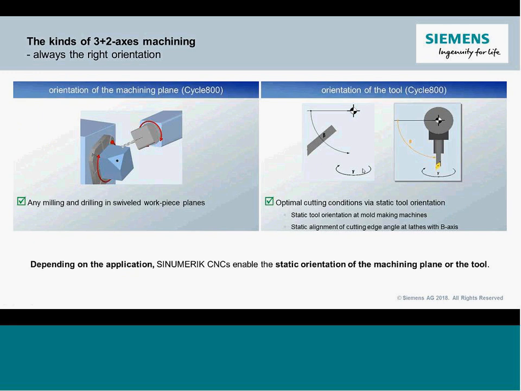Looking at our slides, to handle inclined planes, I need to start to understand a little bit what we mean by the swivel cycle, or Cycle 800. Cycle 800 does two key functions for me. It allows me to create an inclined plane and then set my tool normal orientation to that plane. It allows me to drive the orientation of the tool, but it's not going to move the work coordinate system.